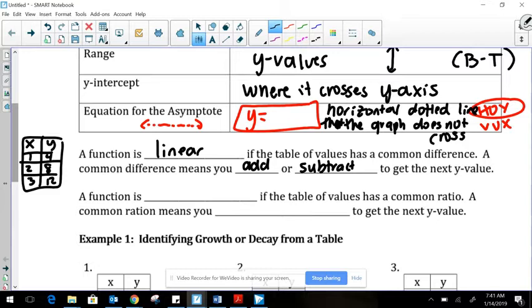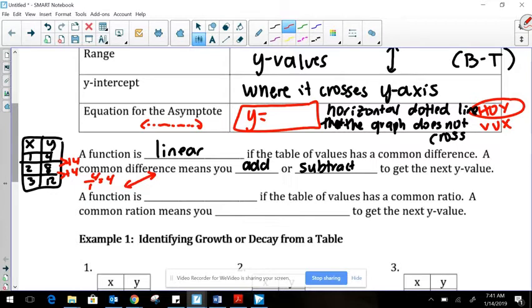Okay, we've seen this table before. Last chapter, we'd say, okay, what's my slope? We said, okay, we're going up by 4 each time, or went up by 1 on the left side. So I did 4 over 1. That was my slope. That was a linear equation. When I graphed it, it was a straight line.